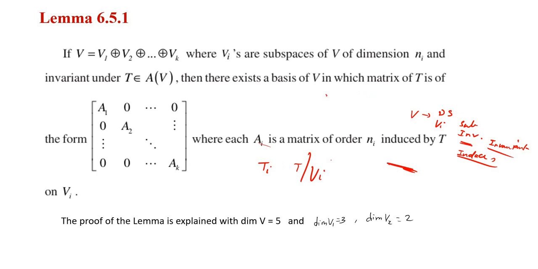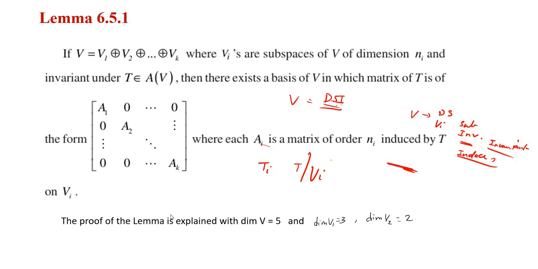So you must have direct sum, invariant, subspace. So DSI: it should be a direct sum. V should be the direct sum of what? Subspaces. What kind of subspaces? They should be invariant subspaces. So if only these are true, then you will have the result.